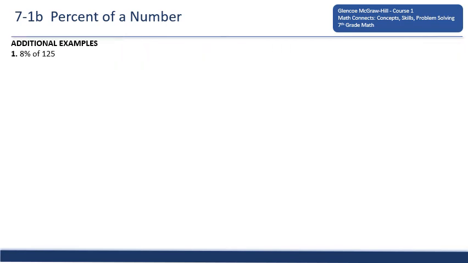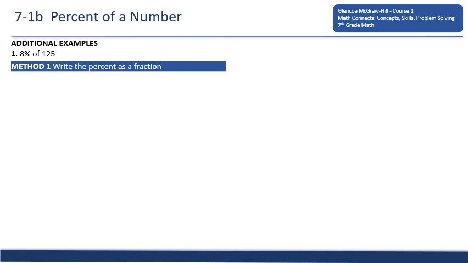Additional examples: 8% of 125. Write the percent as a fraction. We're going to do both ways again so that you are very well versed in it. 8% equals 8 over 100. And if we use the greatest common factor of 4, we get 2 over 25. So 2 over 25 times 125.